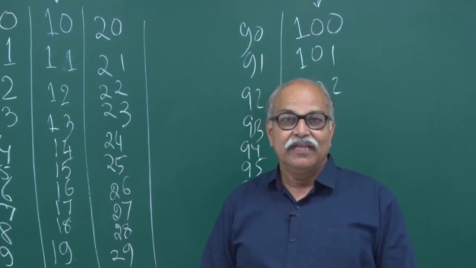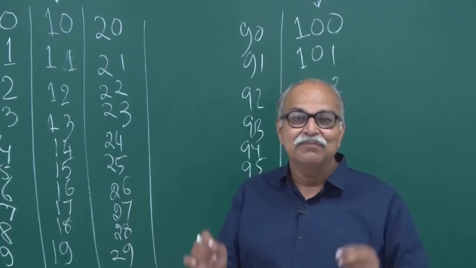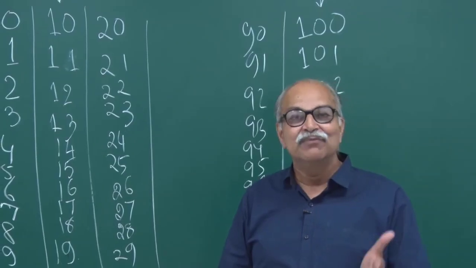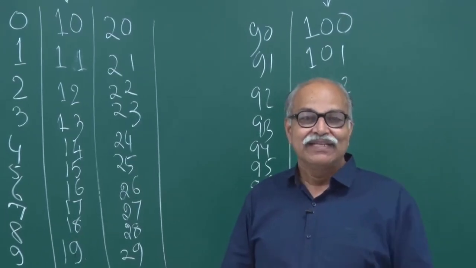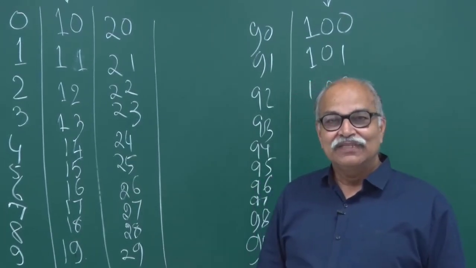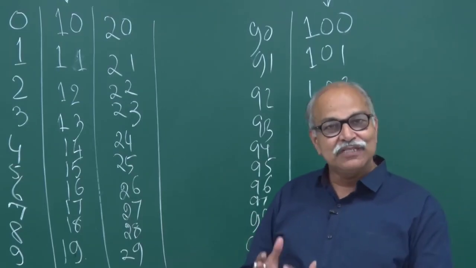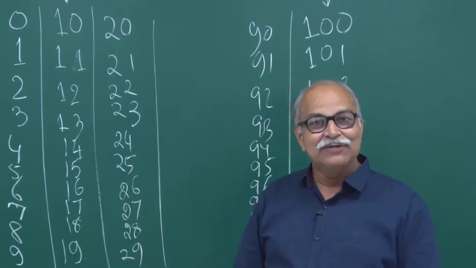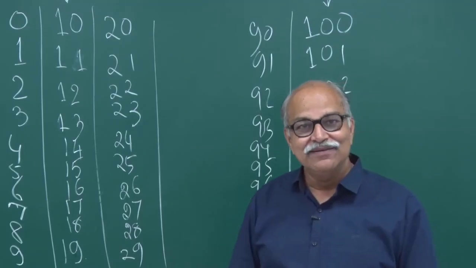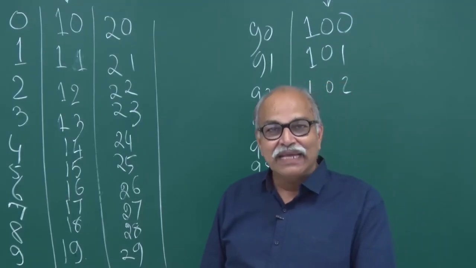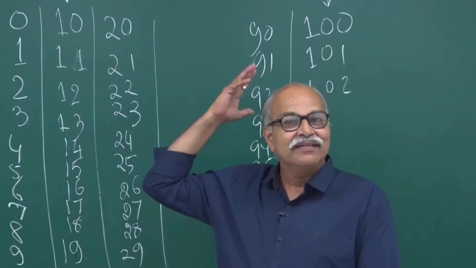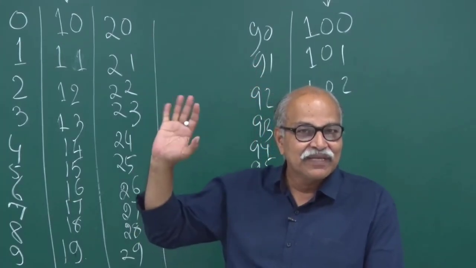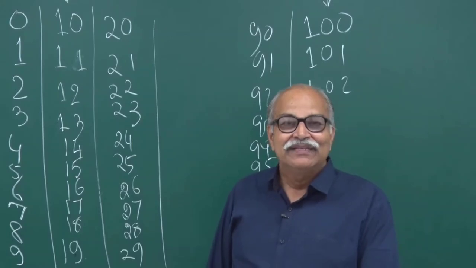Now if I don't use 10 symbols, use only 2 symbols, that is the binary number system, and the first written use of this binary system, the credit goes to an Indian person called Pingla, way back in some 2nd century BC or somewhere in those times.